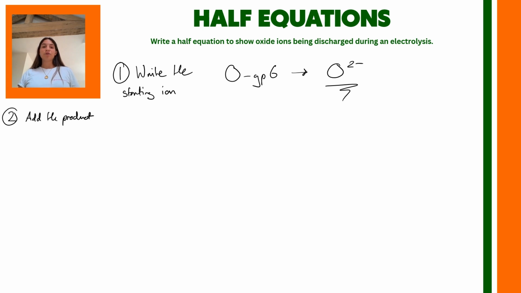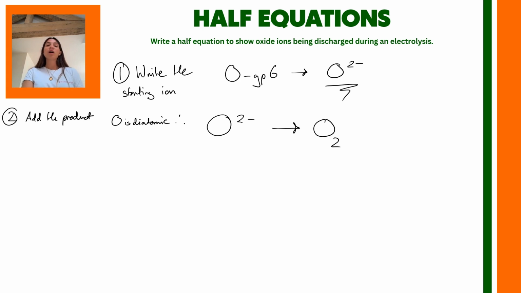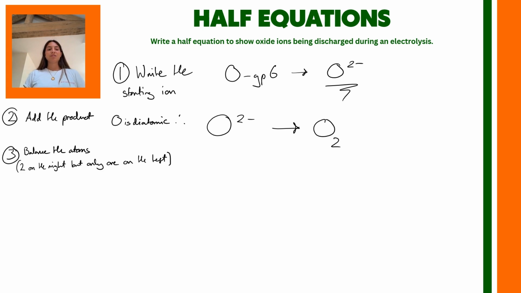Next, I need to add the product being the oxygen that I get at the end, but I need to know that my oxygen is a diatomic molecule, and therefore it's not just going to be O, it's going to be O2, my product. So I've got my ion on the left-hand side, and then the product I'm expecting on my right-hand side. Now, I need to balance the atoms here.